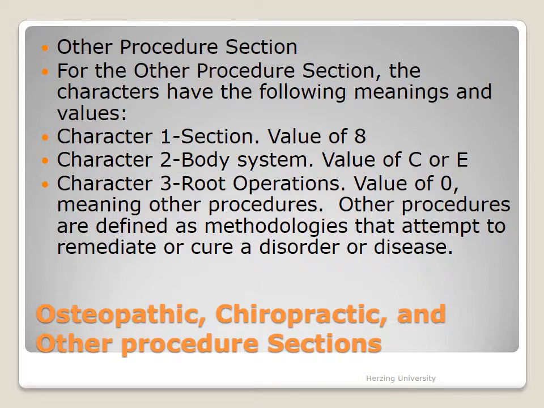Let's talk about the other procedure section. In the other procedure section, there are two tables. The first character identifying the section is 8. The second characters have a value of C for indwelling device, or E for physiological systems and anatomical regions.